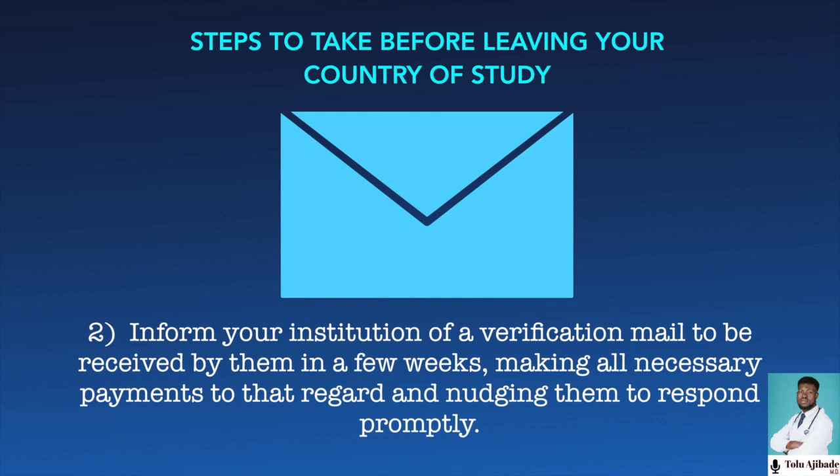Okay, so what your school is supposed to do is to send a verification mail to EPIC. Okay, so some schools have a system already set up, or if it's a new school, they still should have a system set up, but they may not be very conversant with how it really works. Okay, so it's your duty to actually get to them. Okay, make them understand who is going to be getting this mail.